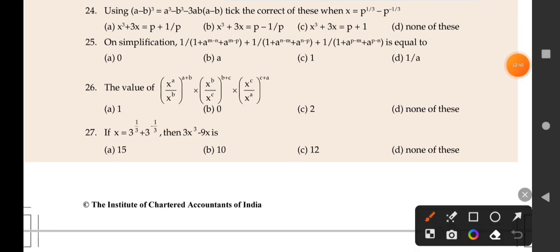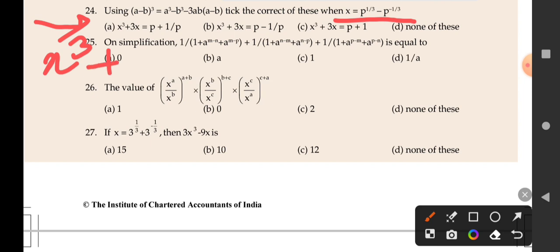Since options are given in x cube plus 3x, that means you have to find out x cube plus 3x. So let us expand. x is already given. So what is x cube? We have to write x cube plus 3x.